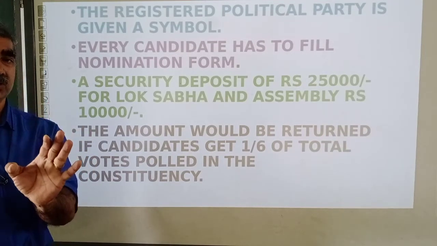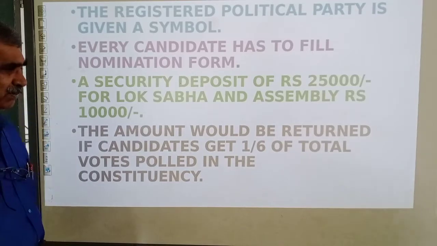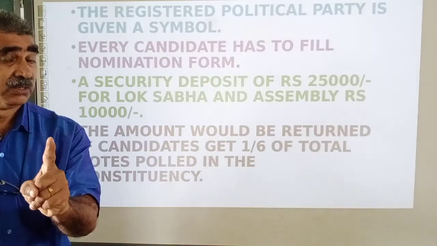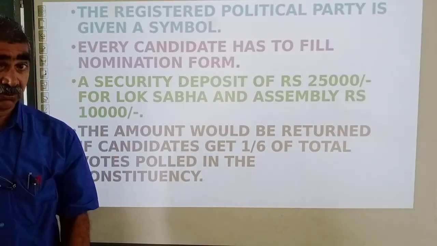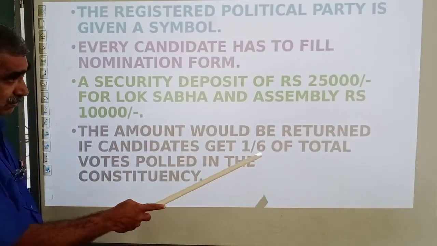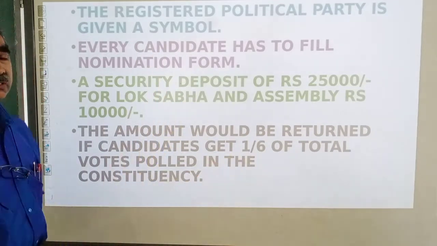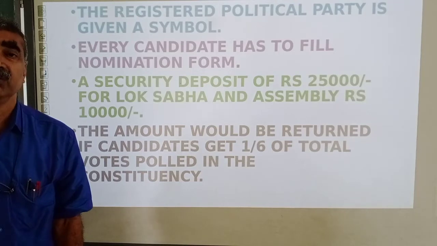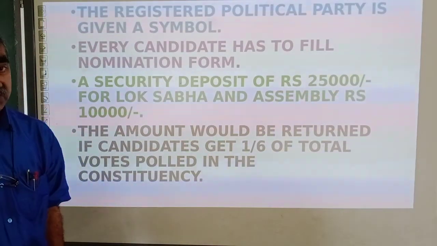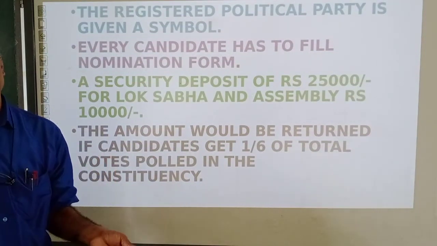You should deposit; if you are serious and able to get this percentage of votes, 1/6 of the total votes polled, not the total number of people. Some people may not vote. Total votes polled means the total people who have voted; among them you must get 1/6. Then your amount will be refunded.